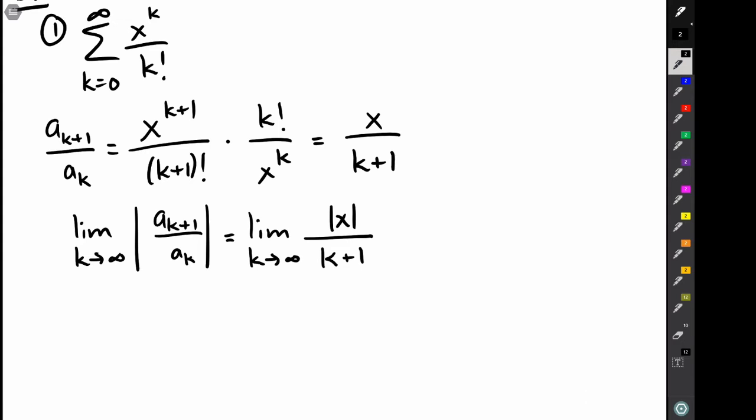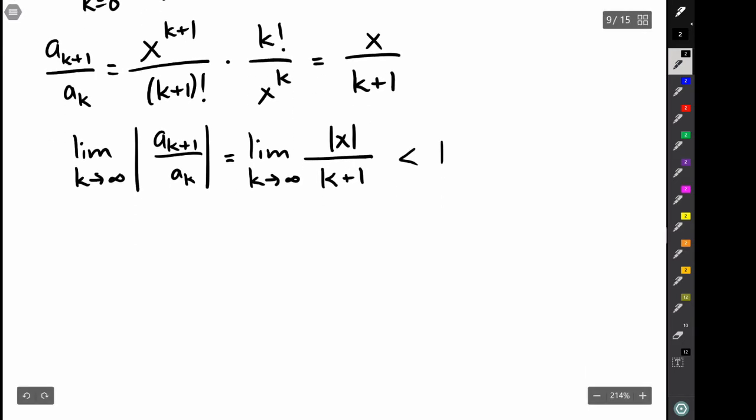In order for this to converge, remember, we want this limit to be less than 1. For all x values which make this limit less than 1, the series will converge absolutely. But here, since x has nothing to do with k, this is just a constant over k plus 1.